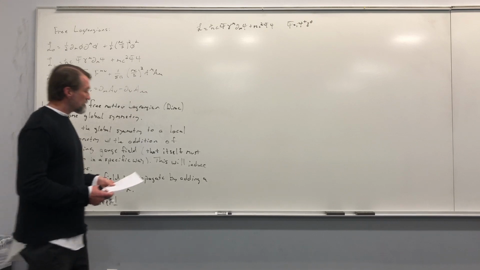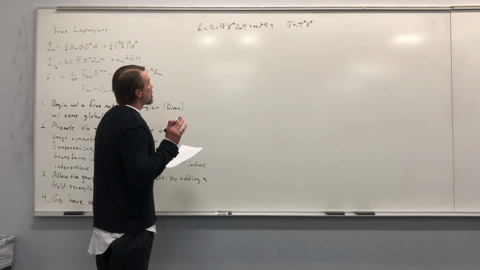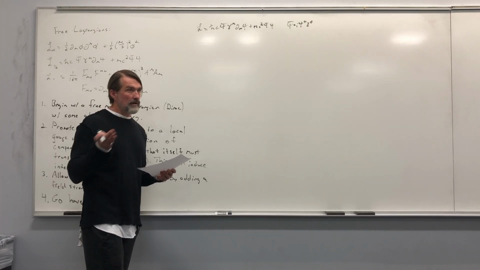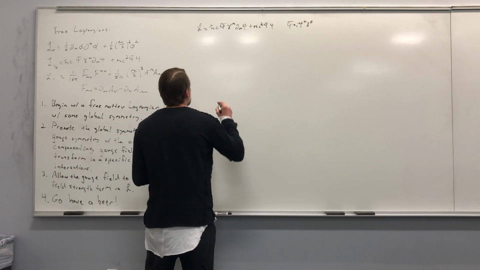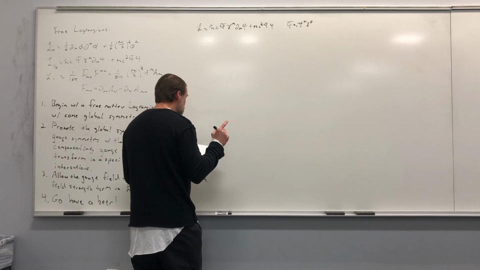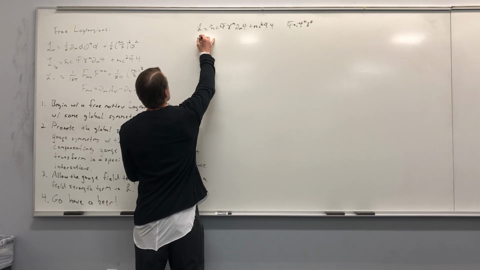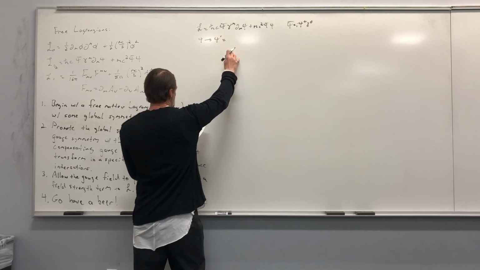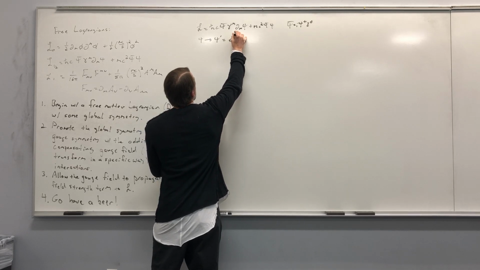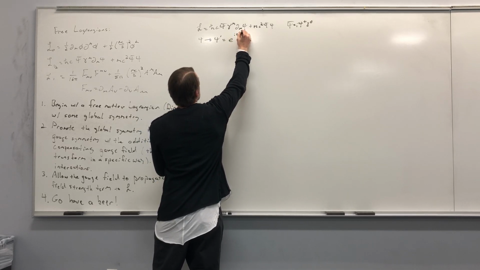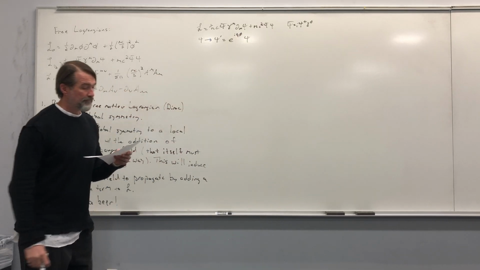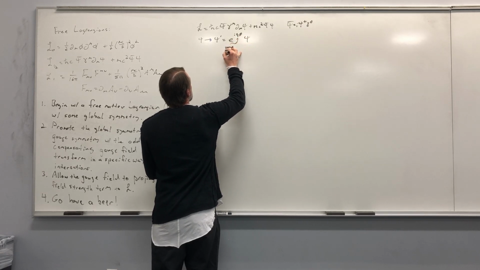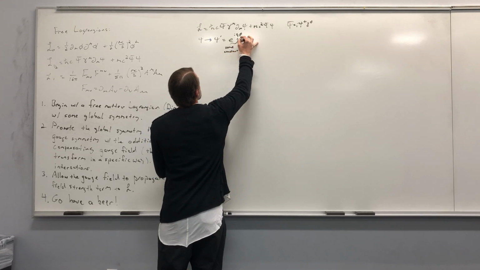Okay? Now, those spinors are complex. They have 4 elements, and each element can be a complex number. The fact that they're complex means that this could be a symmetry. If I take psi and send it to psi prime, which can be gotten by multiplying by a complex exponential, where q is some constant, and so is phi.